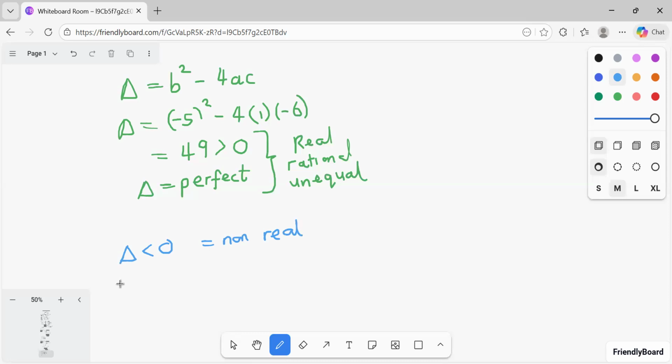And when delta is equal to 0, it means the nature of roots are real and rational and equal.